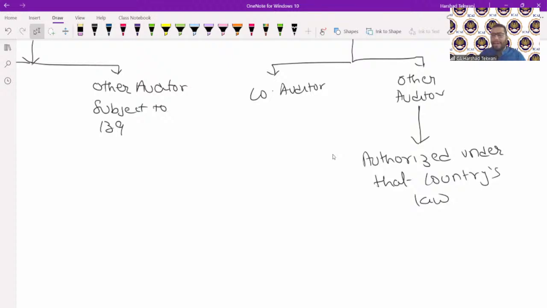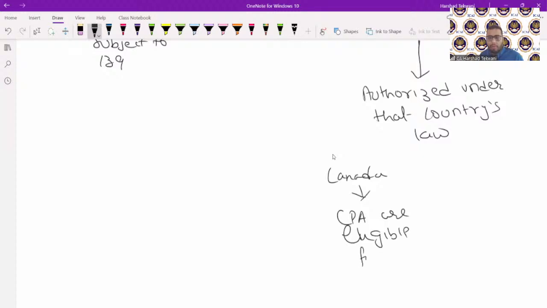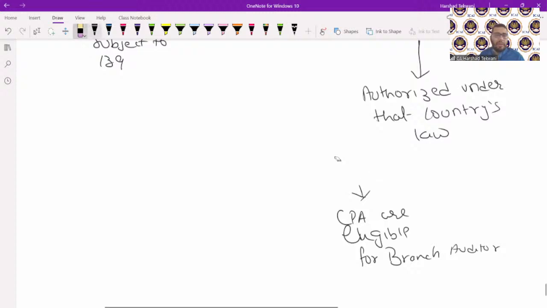For example, a hypothetical example. Let's say there is one country, Canada. In Canada, let's say CPAs are eligible for a branch audit. As a branch auditor, they are eligible for the appointment. So this person can be a CPA also. Or let's say there is another country, hypothetical example I'm giving you, Slovakia.